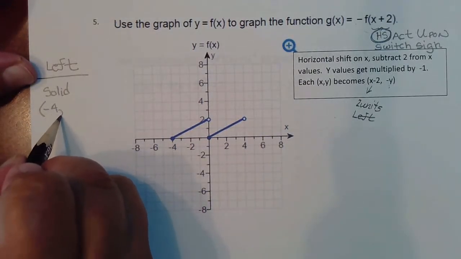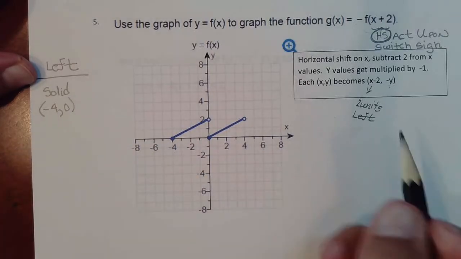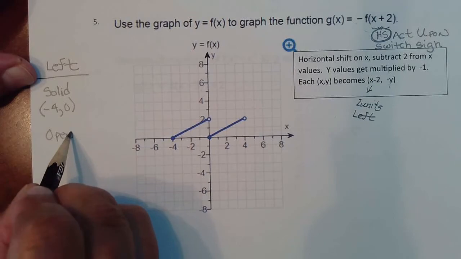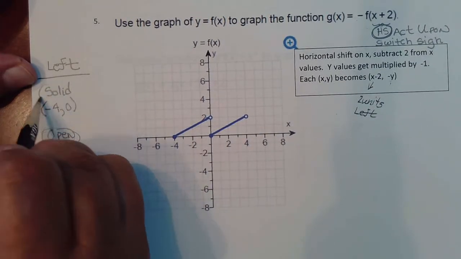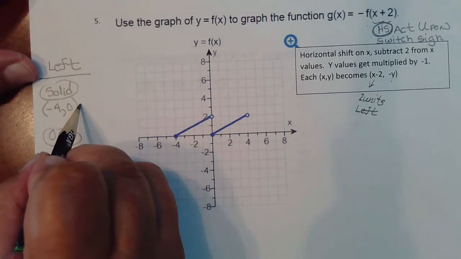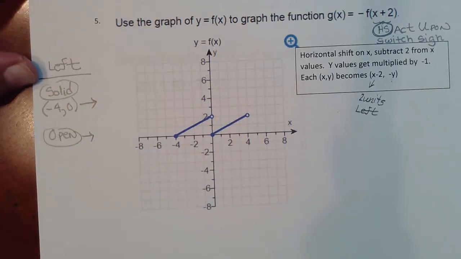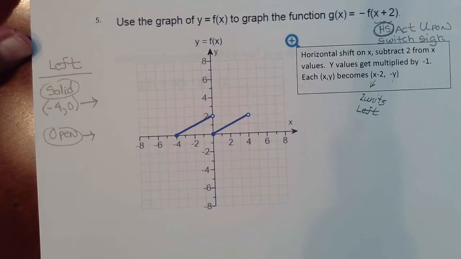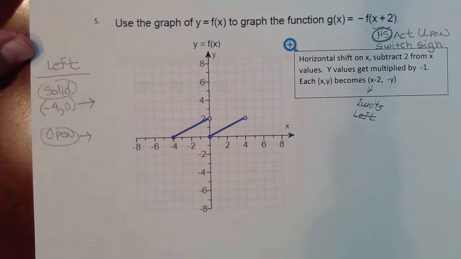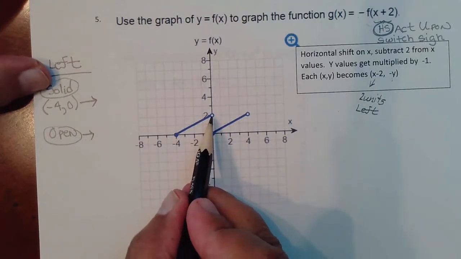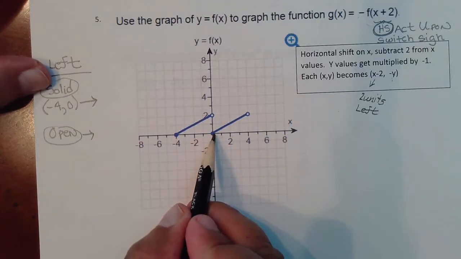Those are the coordinates on that solid endpoint. And then the open endpoint, we got an open endpoint and a solid endpoint. So when I translate these points, do the actions that are going to move the point around, I will make this one solid just like the point it came from. I'll make this one open just like the point it came from. That open point is identified as 0, 2.